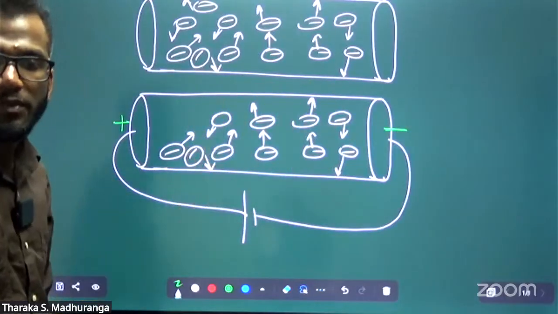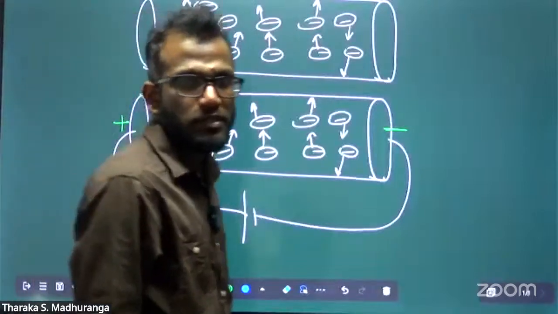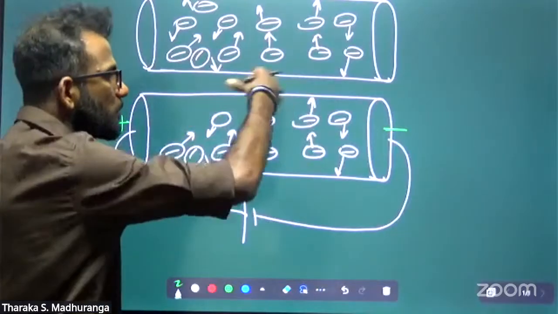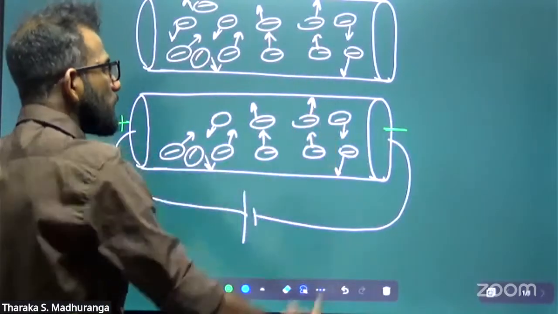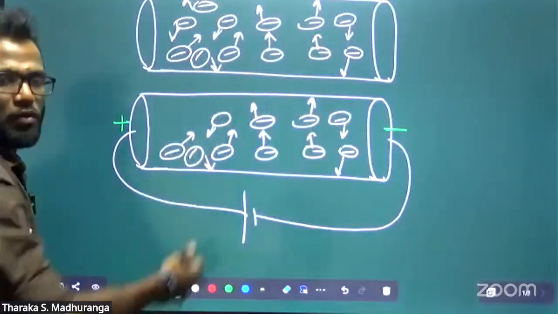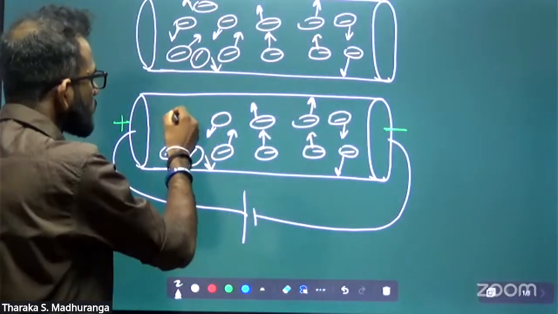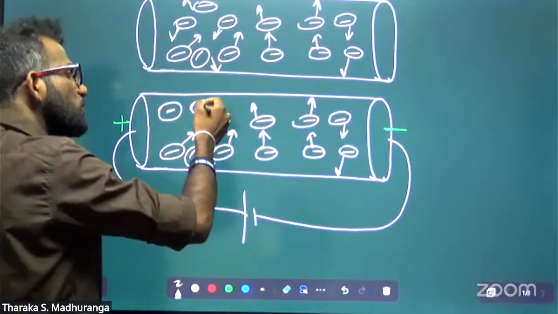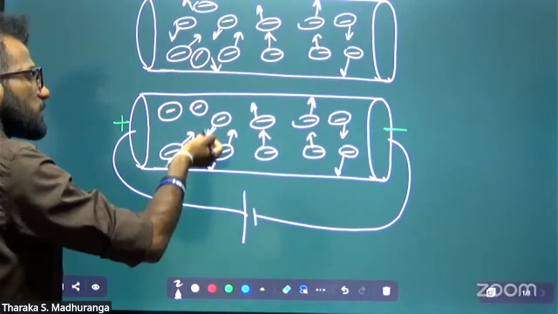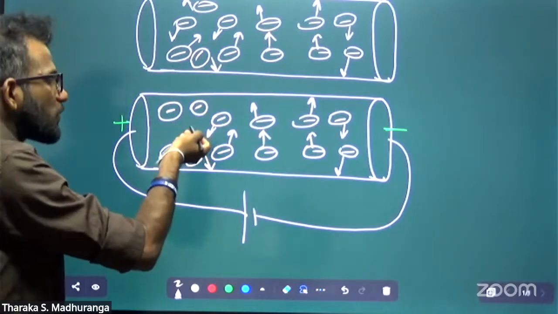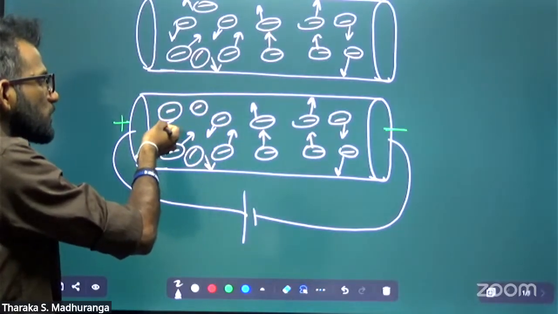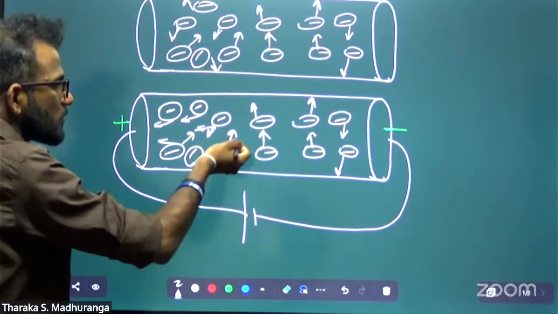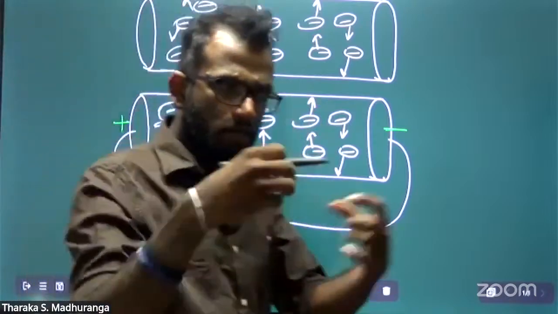Due to this potential difference, remember, these randomly vibrating, randomly moving electrons start to move from the negative side to the positive side. They have a specific direction now. Initially they are randomly moving.